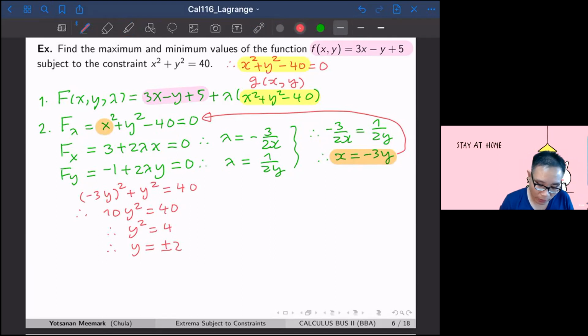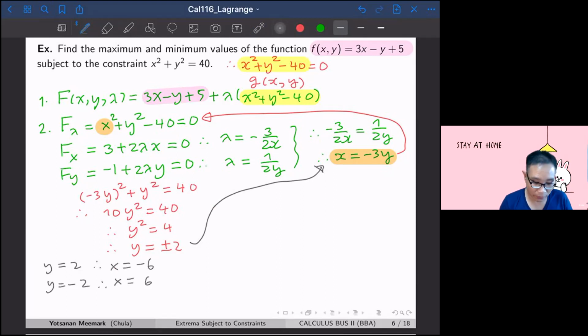So you put into this equation, okay? And you have y equal to 2, and you have x equal to negative 6, y equal to negative 2, so you have x equal to 6, okay? So this would give you 2 points, so you get negative 6, 2, and 6, negative 2, okay?